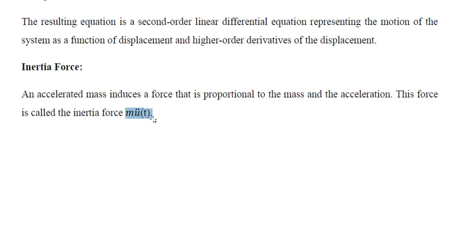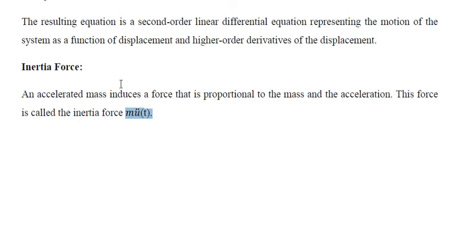M u double dot of t, mass into acceleration. The equation of motion is what? M u double dot of t plus c u dot of t plus k u of t is equal to f of t. That is the equation of motion. In that equation, the first term m u double dot of t is called the inertia force, where m is mass and u double dot is acceleration.